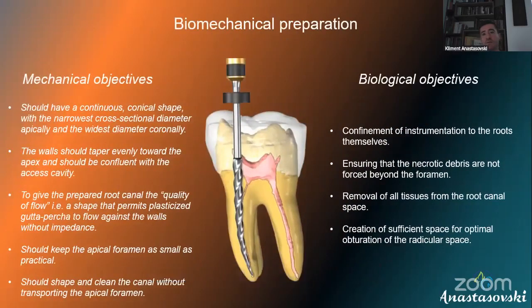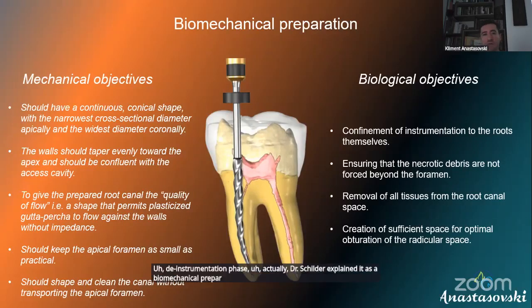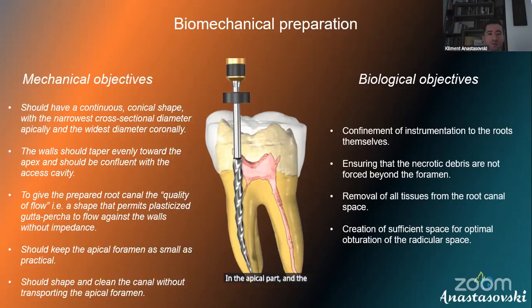The instrumentation phase, actually, Dr. Schilder explained it as a biomechanical preparation, where we need to keep in mind the two main objectives, the mechanical and biological, in a way that we shape the root canal system to be in a continuous conical shape with the narrowest cross-section diameter in the apical part and the widest in the coronal.